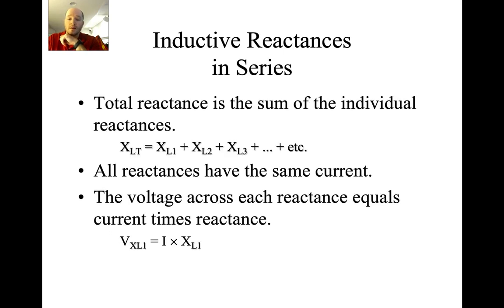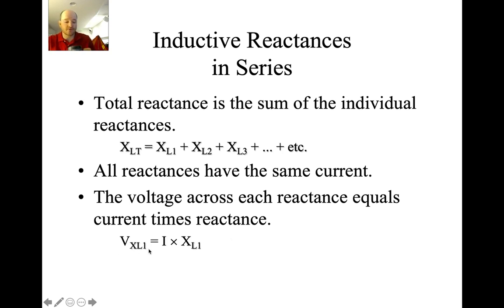But for the total reactance, if it's in series, we simply add them up. All reactances have the same amount of current. Voltage across each reactance equals the current times the reactance.